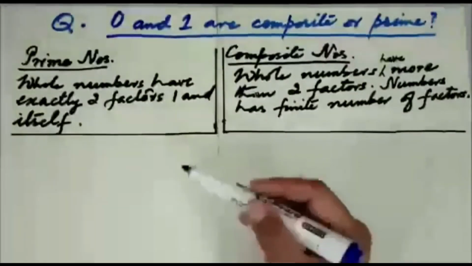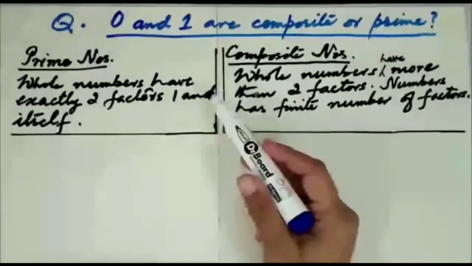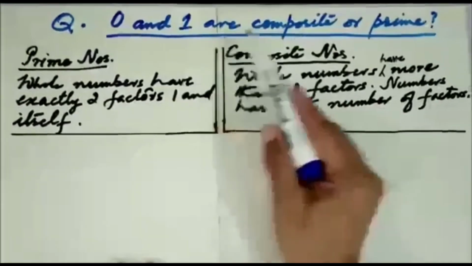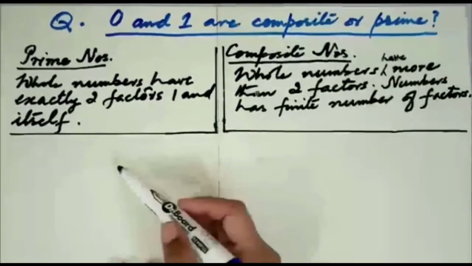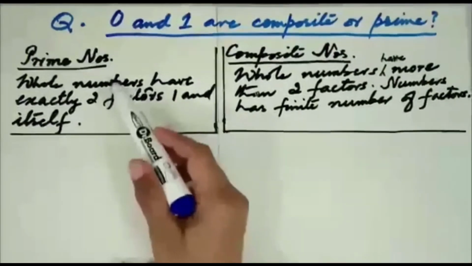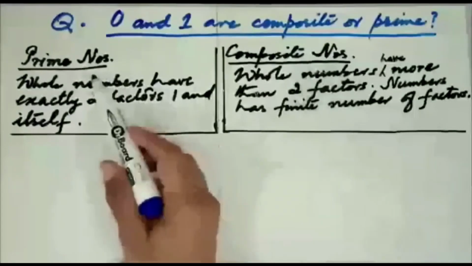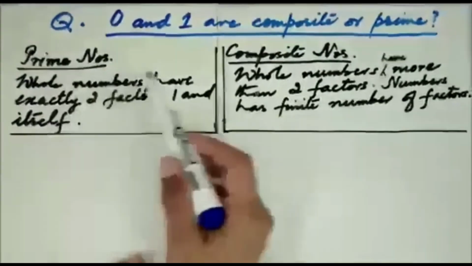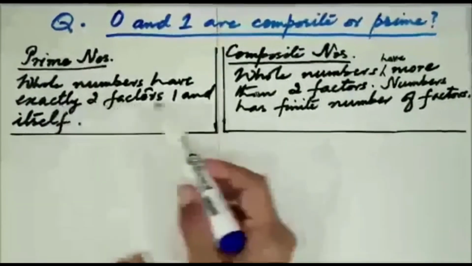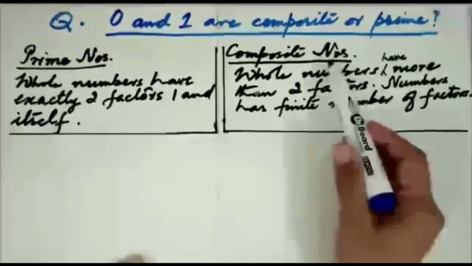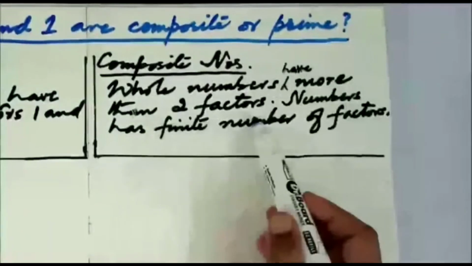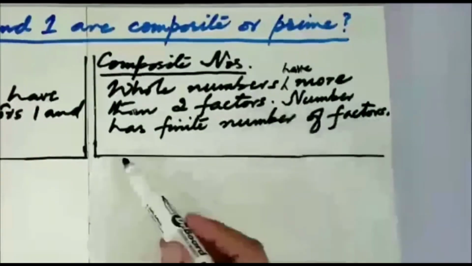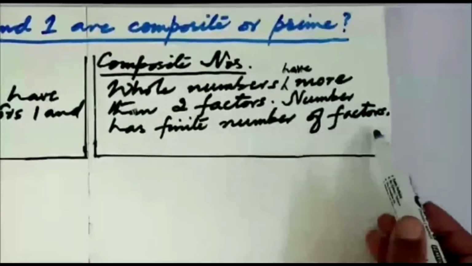There is a general question which students ask, whether 0 and 1 are composite or prime. So I have written here the definition of prime numbers and composite numbers. What are prime numbers? Whole numbers that have exactly 2 factors, 1 and itself. Composite numbers are whole numbers that have more than 2 factors, and the number has a finite number of factors.